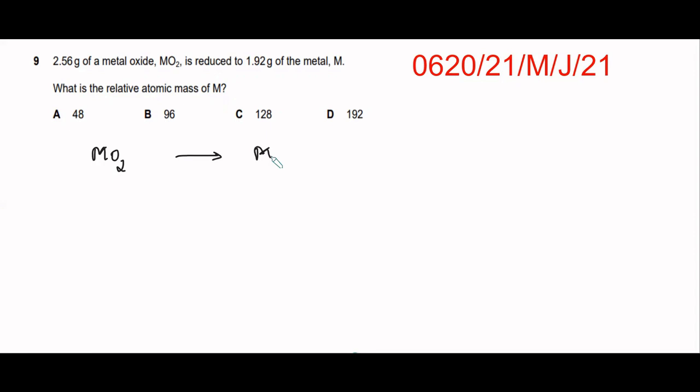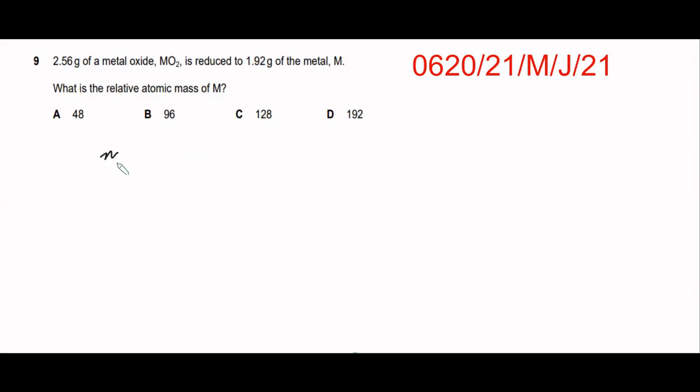Neither are we provided with the byproduct. We are not provided with any information regarding oxygen, whether it is molecular oxygen, whether oxygen is existing as a compound. We have no clue in the question. So it is impossible to write a balanced chemical equation here. But that doesn't mean we cannot solve the problem.